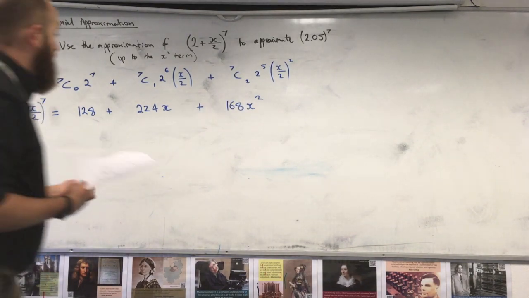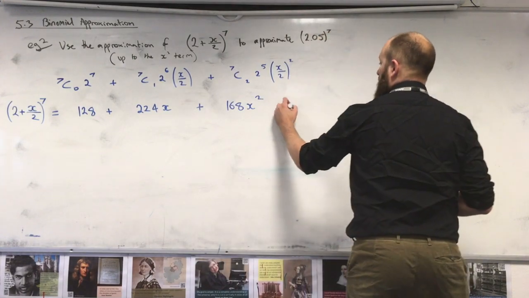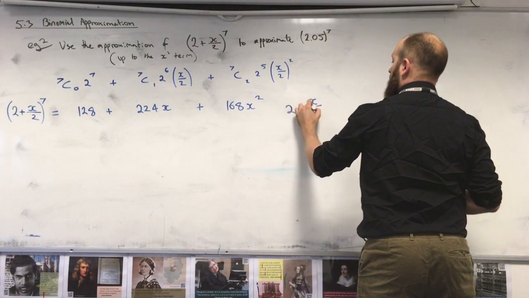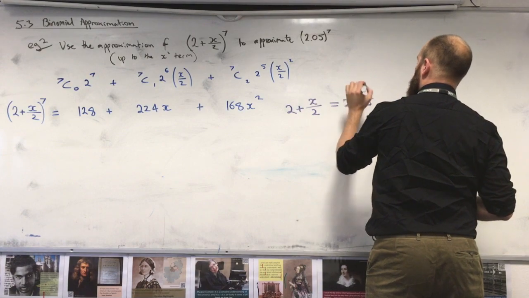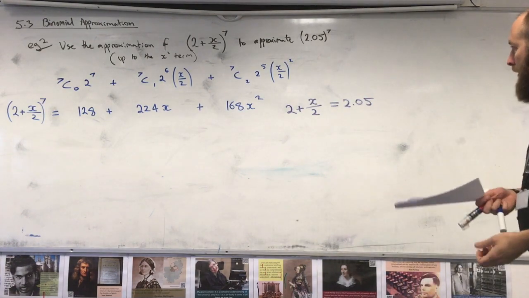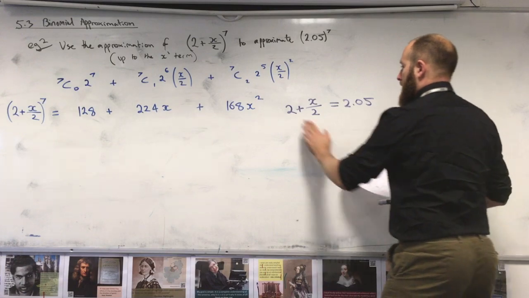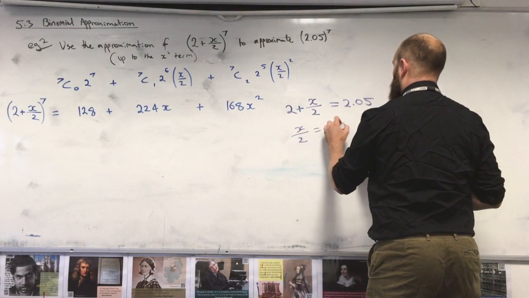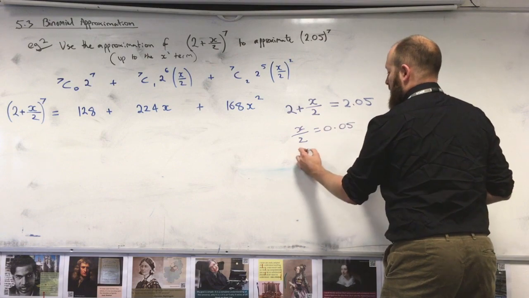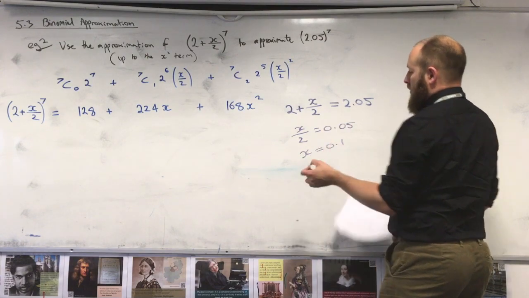Now we just need to work out what our x value is. If we take 2 from each side, we get 0.05, so therefore x is 0.1.